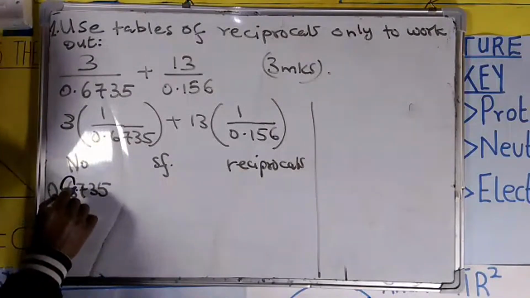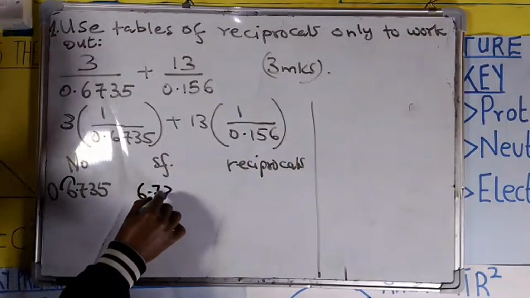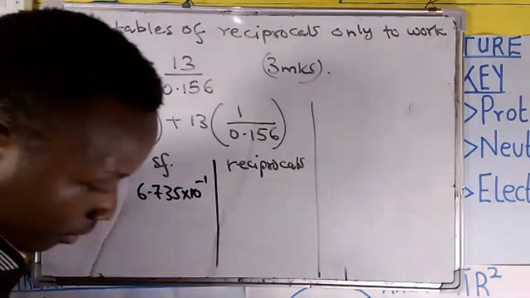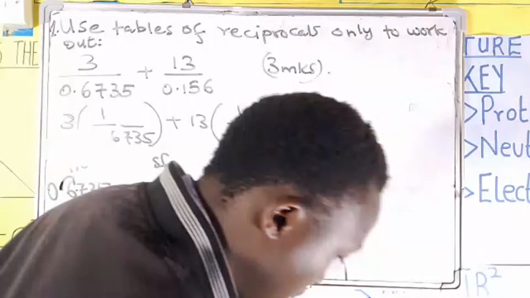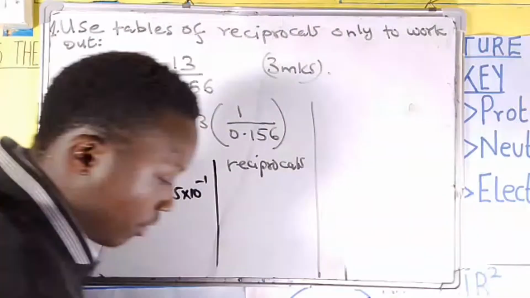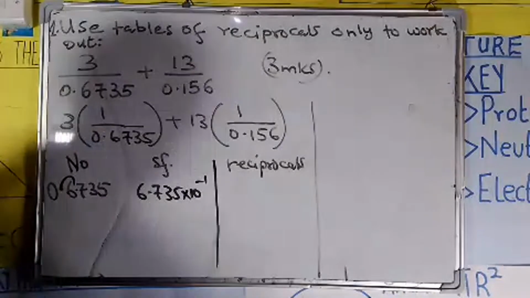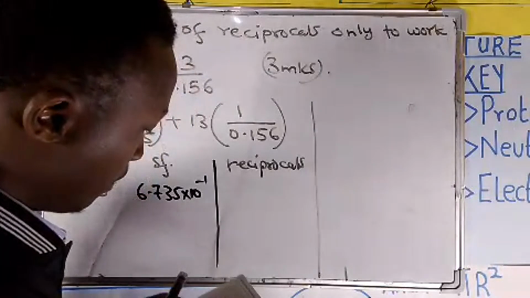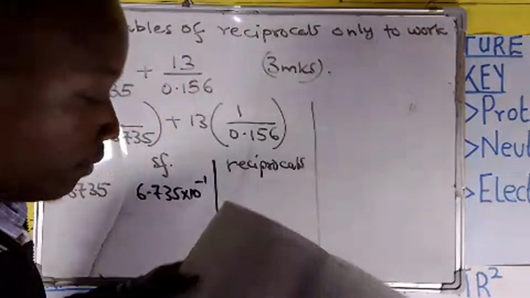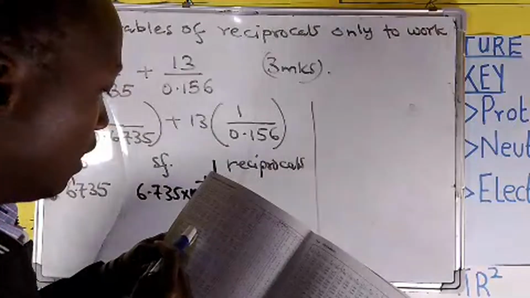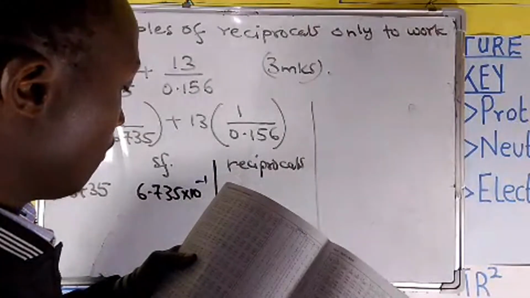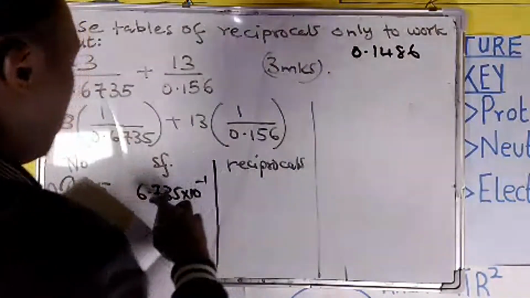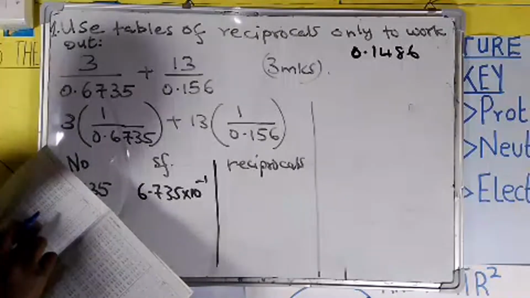Standard form, it will be 6.735 times 10 to power negative 1. Then the reciprocal will be the reciprocal of 6.735. 6.73 is 0.1486. 6.73, then 5.